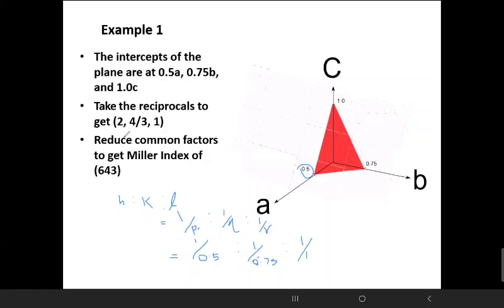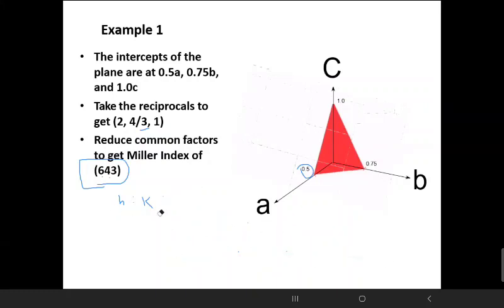But you can't put a fraction as Miller indices, so you have to multiply by a common factor. Here the common factor is 3, so you multiply by 3. When you multiply by 3, you get 2 into 3, 6; 4/3 into 3, 4; and 1 into 3, 3. So the Miller indices for this plane are (6 4 3).